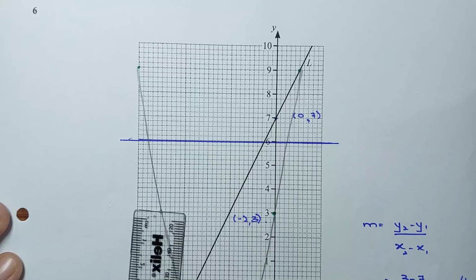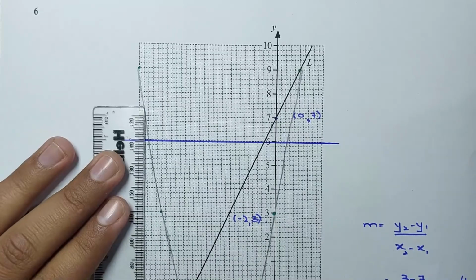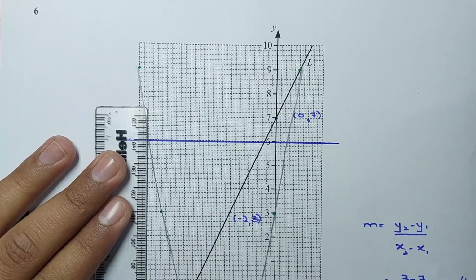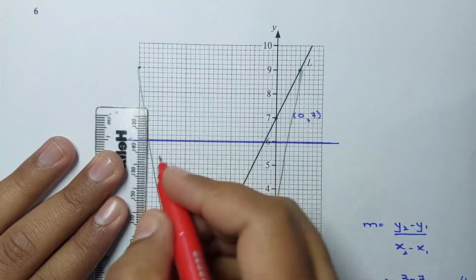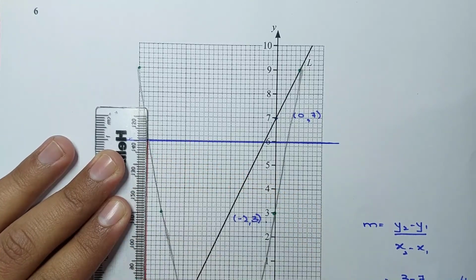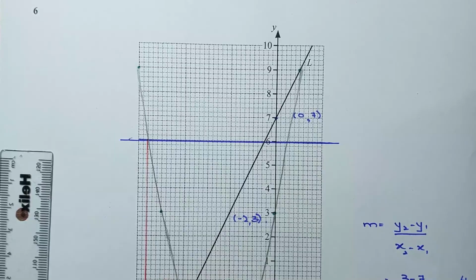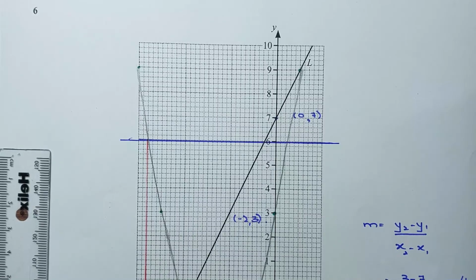Basically, we have to find the solution by using the graph where the parabola intersects the line y equals 6. So it intersects the line at this point first, and this point is (-5.6, 6), right?